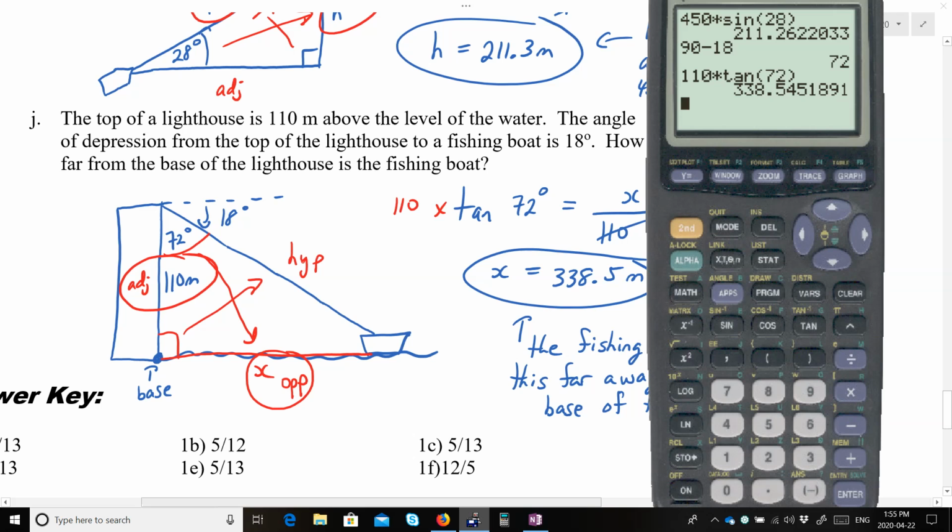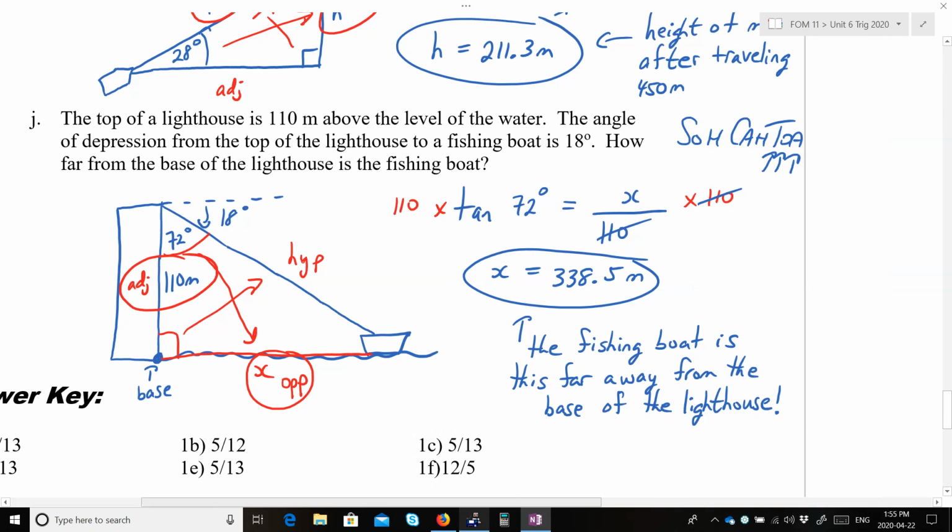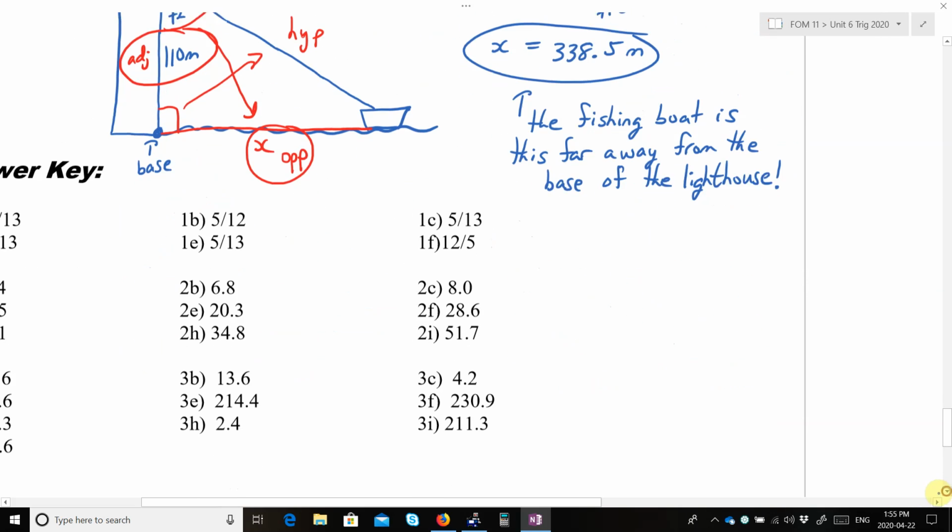Okay, and I notice in the answer key they have 338.6. Okay, but again, that should stay at 338.5.